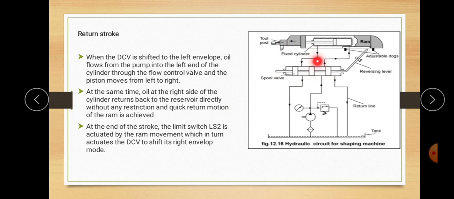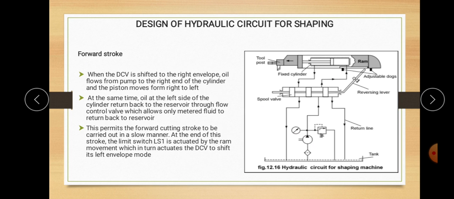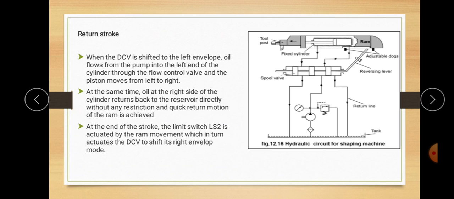So this is the basic construction. Here the tool posts are located and the tools are fixed, and this is the ram setup. Adjustable dogs are also present here. So this is the basic concept of the design of the hydraulic circuit for a shaping machine.